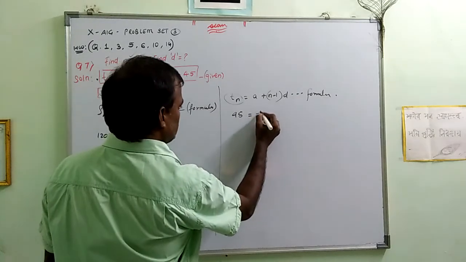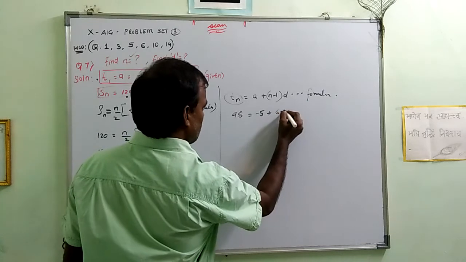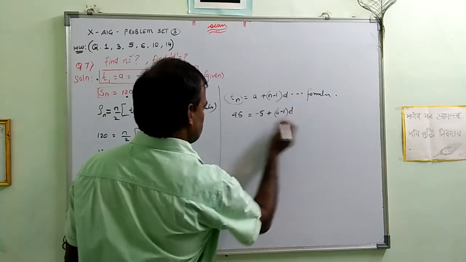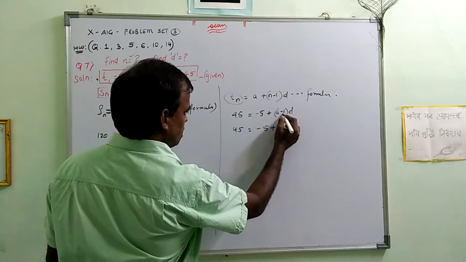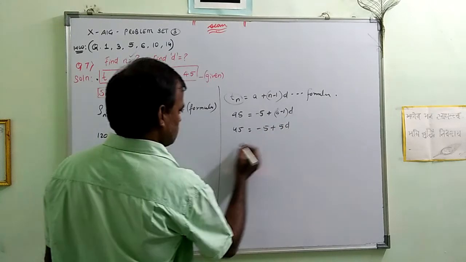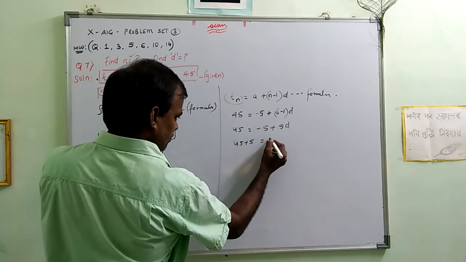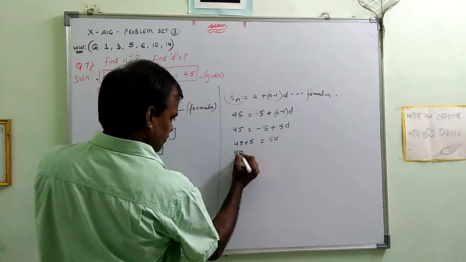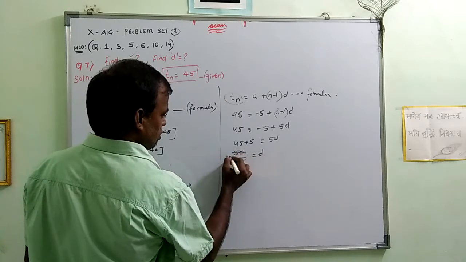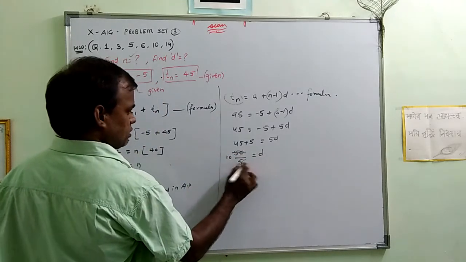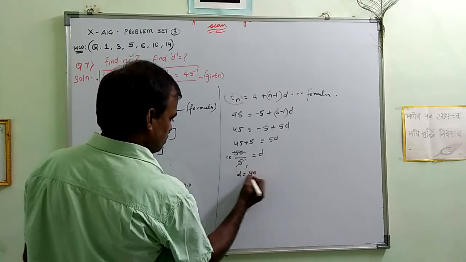Minus 5 plus n we found 6 minus 1 into D. So 45 equals to minus 5 plus 5D. 45 plus 5 equals to 5D. 50 upon 5 equals to D. 5 ones are 5, 5 tens are 50. So D equals to 10.